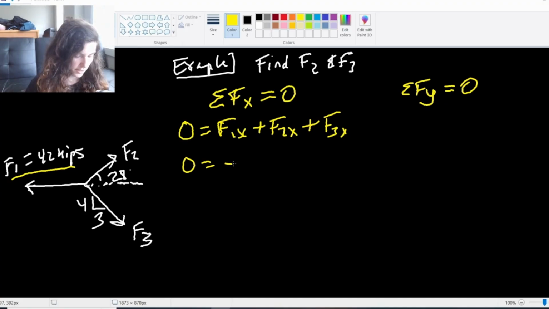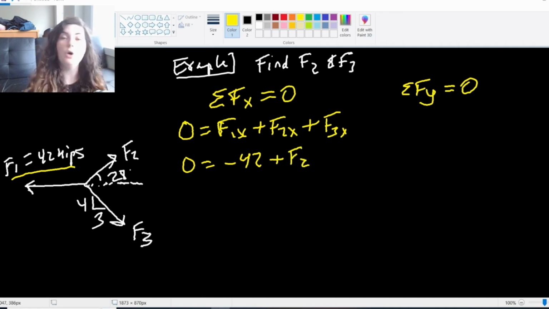So it is going to be negative 42 plus my x component of F2 is going to be F2 times cosine 28, right? I'm just working off of this triangle here, just like we did with resultant forces. It'll be F2 times cosine of 28.